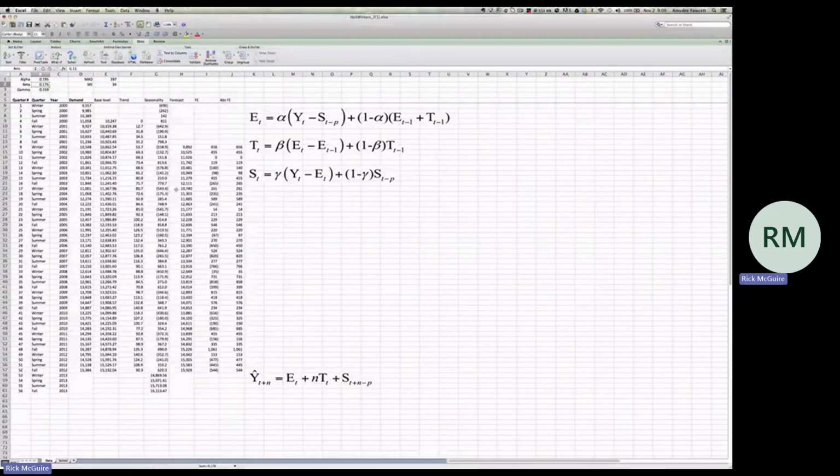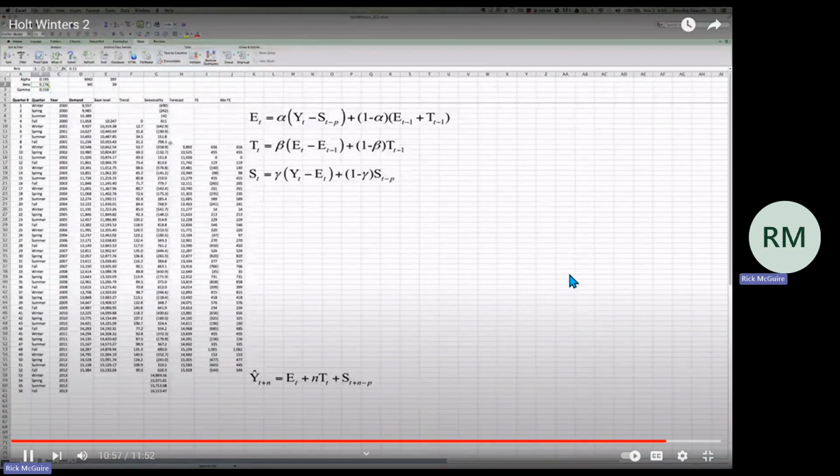In the first year, I have seasonal factor estimates, but those are not these weighted average estimates that I really want to use, that are probably better ways of truly gauging the degree of seasonality.